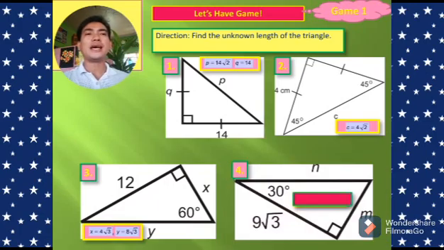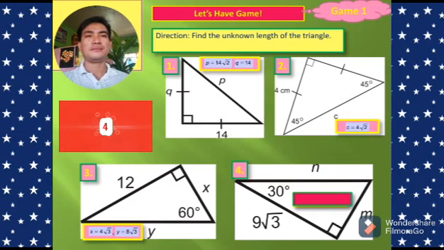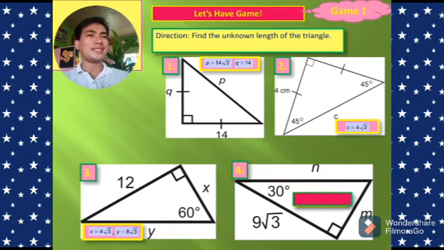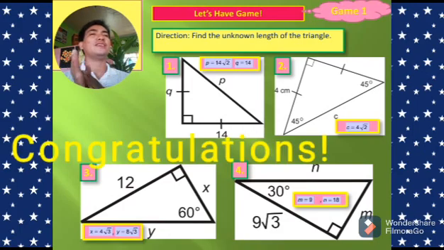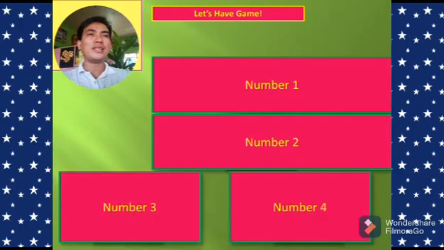Timer starts now. Okay, so our answer is m is equal to 9 and n is equal to 18. Congratulations. Okay, let's proceed to the next level.